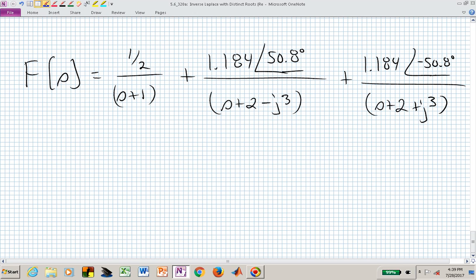I can't emphasize this enough. This particular factor is associated with the pole in quadrant 2, and that is important for knowing the magnitude and angle of the residue associated with that pole.